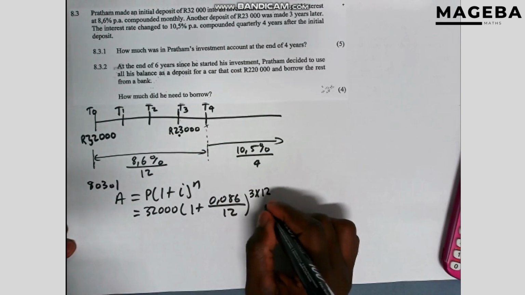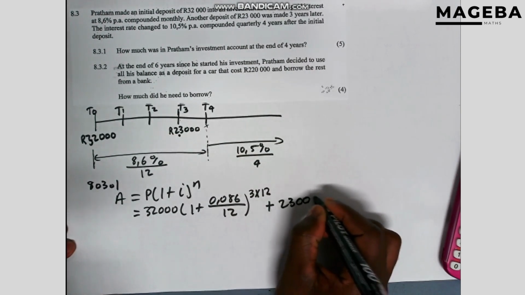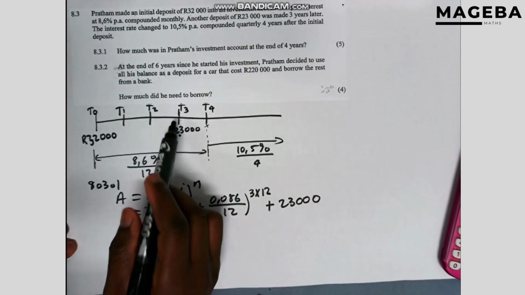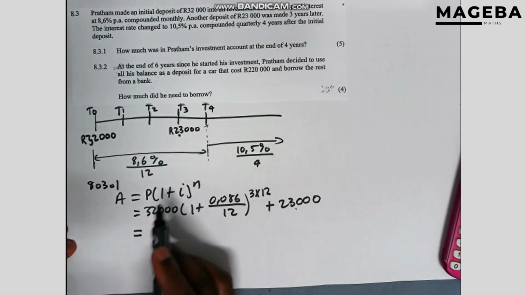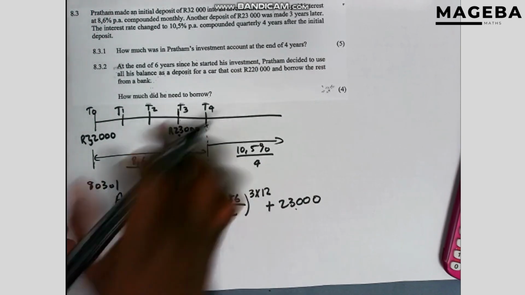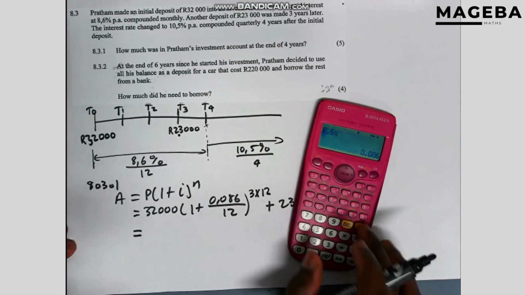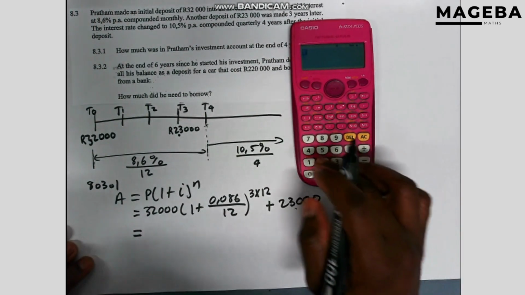At 3 years, and then deposit this amount. So I'm just going to add this amount. So the amount that we are going to get here is the amount that is here at the end of 3 years, and then he deposits this amount, and the whole amount at the end of 3 years. I hope everyone understands. Then if you can punch your calculator.